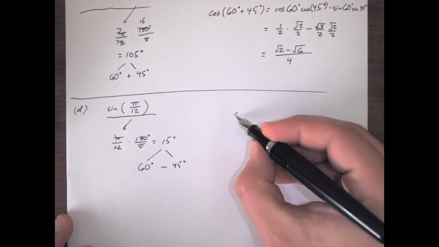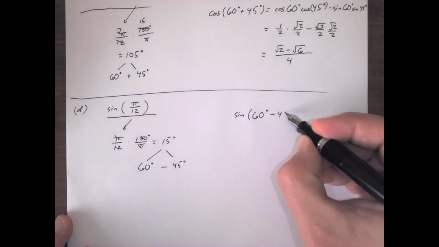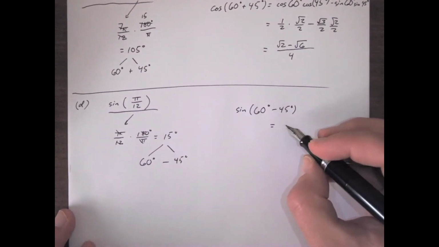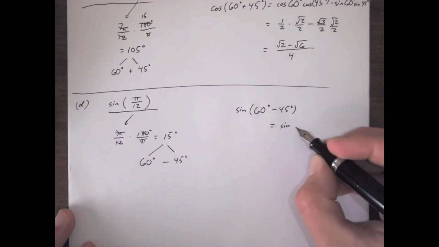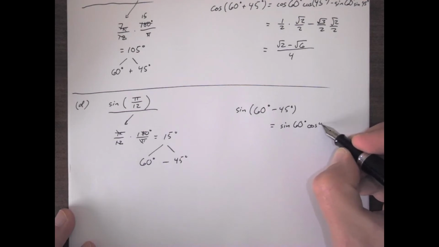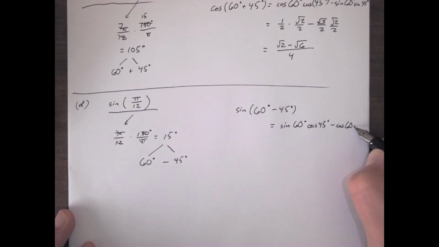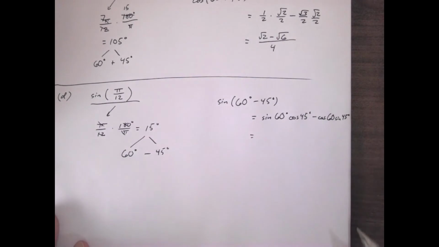So then, what we're really talking about here is sine of 60 minus 45, which according to the sine difference formula, so that's the subtraction formula, is sine 60 cosine 45 minus now cosine 60 sine 45. And we get, once again, a very similar result to what we've had before.